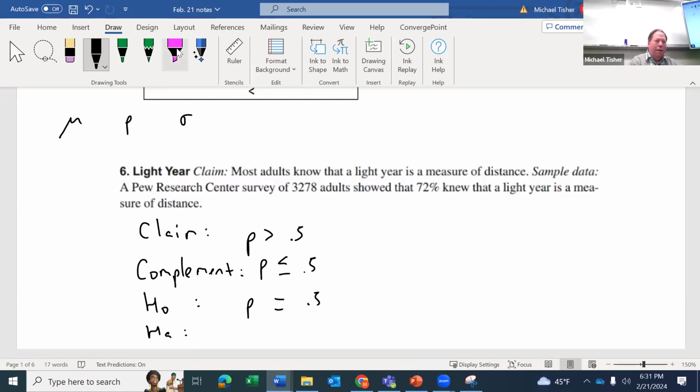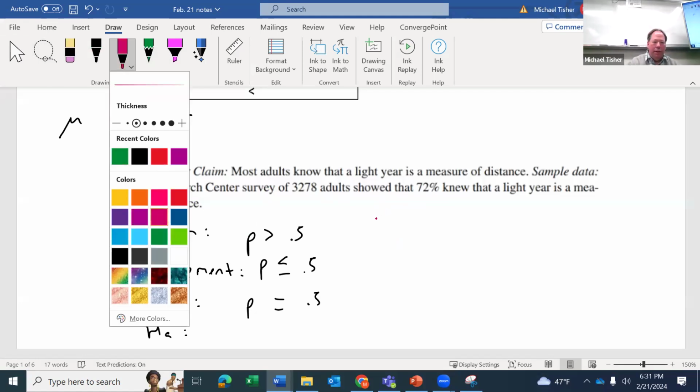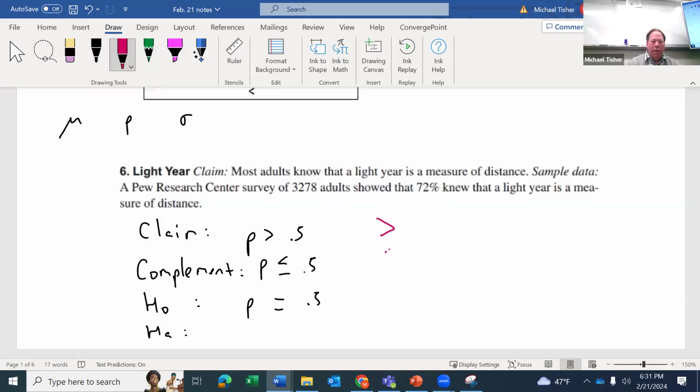All right, so again, we see a greater than in the claim. We see a less than or equal to in the complement. So which one would go in the HA? And again, we can look at the table of acceptable symbols.